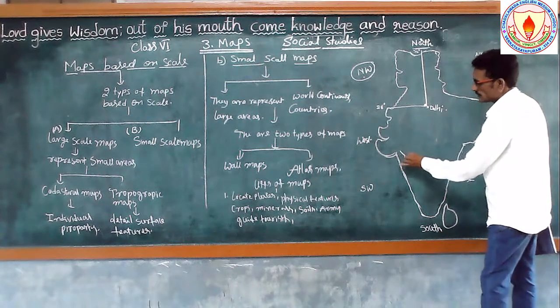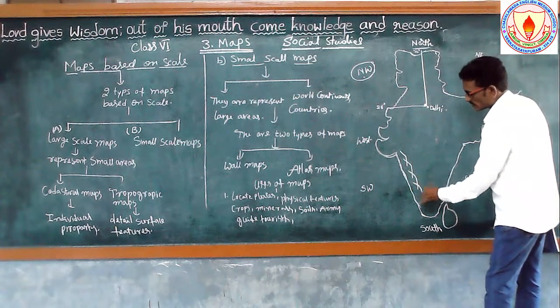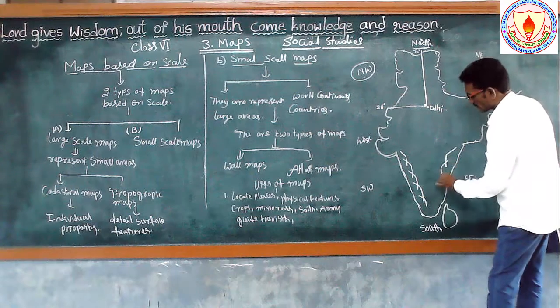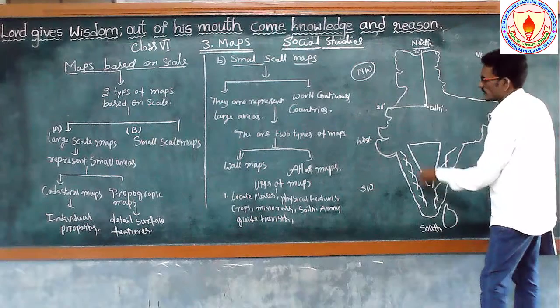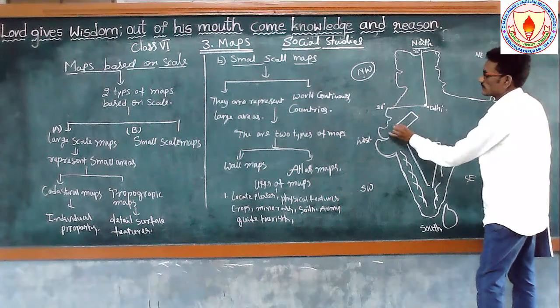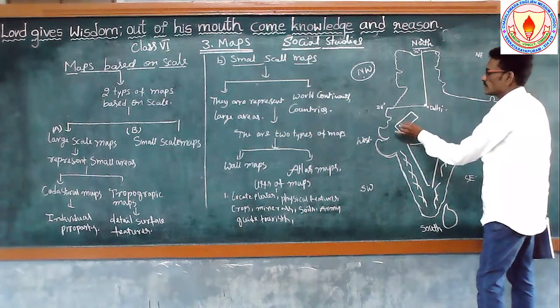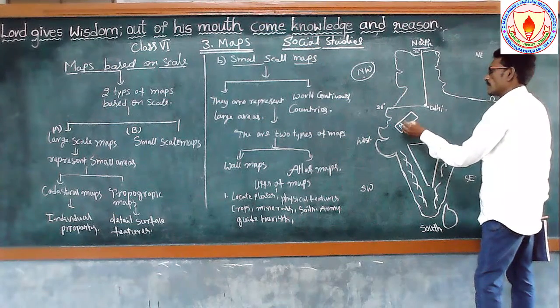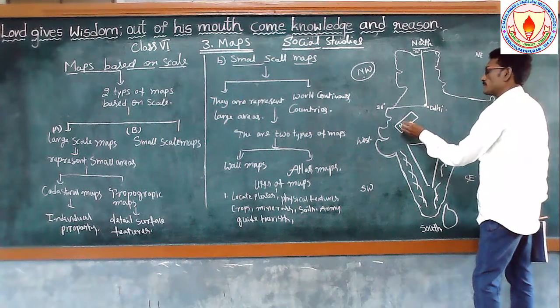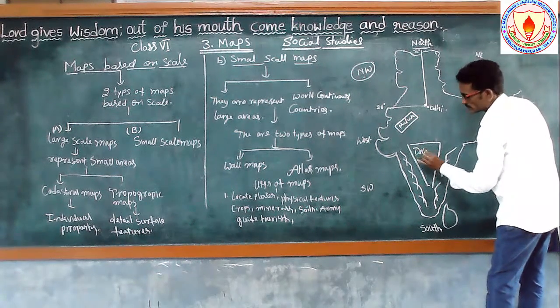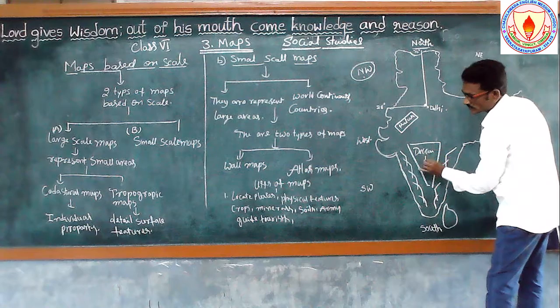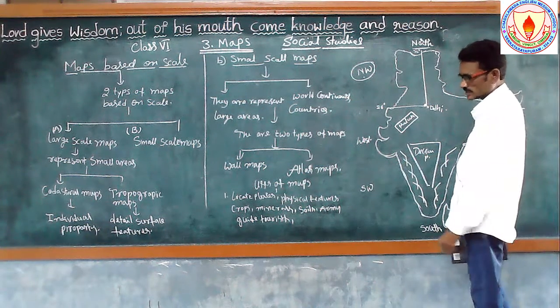Here the Western Ghats and Eastern Ghats are located. Okay, this is the Deccan Plateau and next the Malwa Plateau. So physical features also we are able to find on the map.